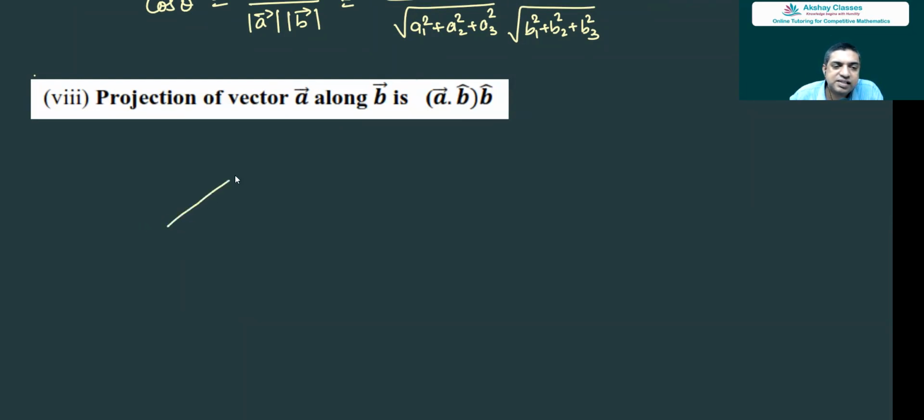So let us say this is vector A bar and this is vector B bar.